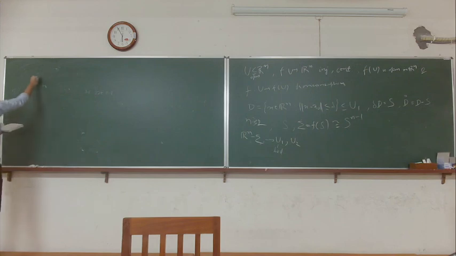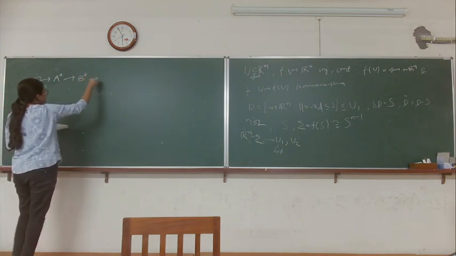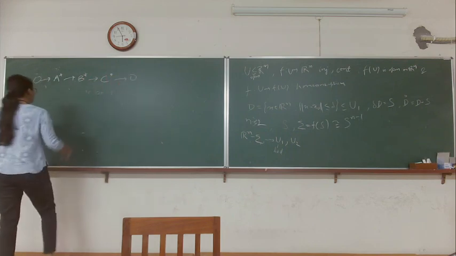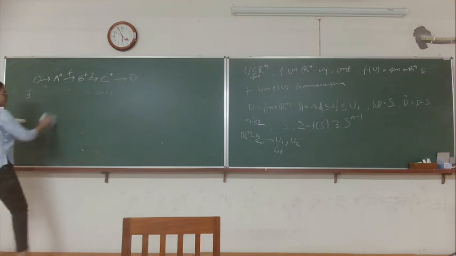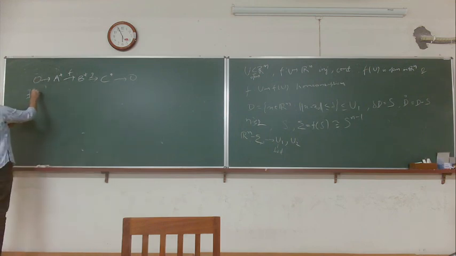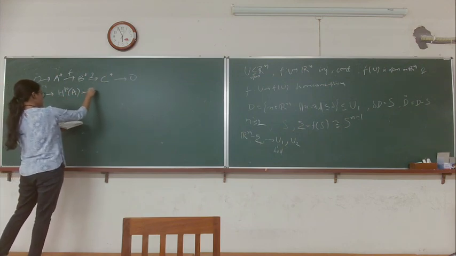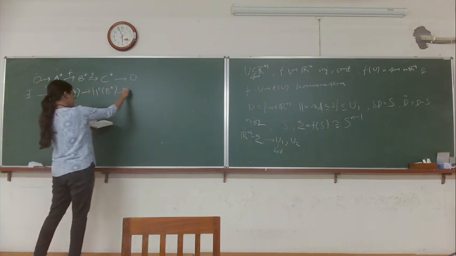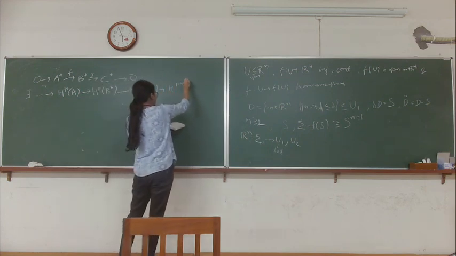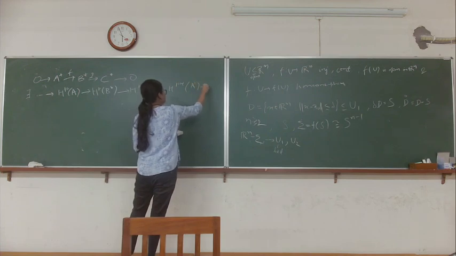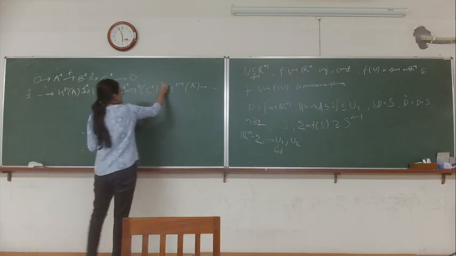So the snake lemma says that if we have a short exact sequence of cochain complexes, 0 to A star, B star, C star to 0, where the maps are f and g, then we get a long exact sequence, which we used in the existence of the sequence. It says that the cohomology groups H^p(A star), H^p(B star), H^p(C star), and it then goes on with H^(p+1)(A star), and so on, where these maps are f star, g star, and del star.